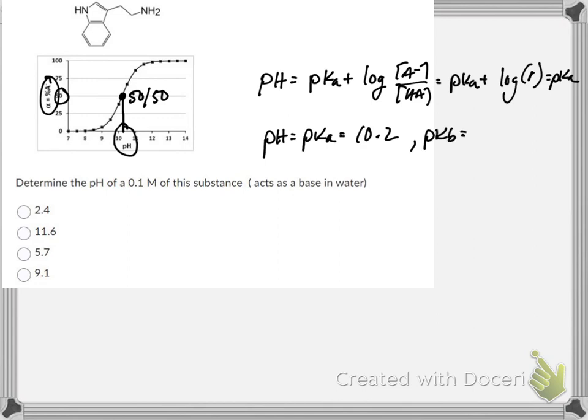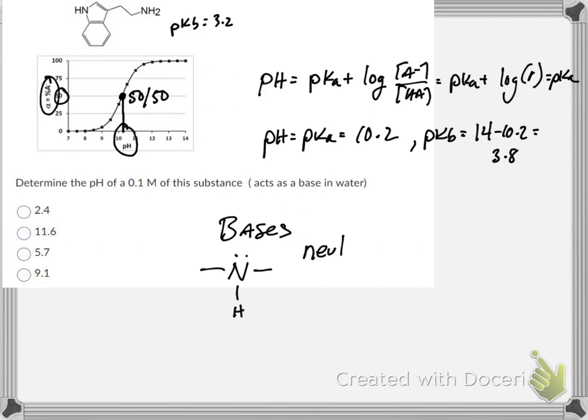Now the problem begins, because what we know is any neutral nitrogen molecule undergoes pKb in water. So all neutral nitrogens undergo pKb in this way, taking on a positive charge with hydroxide ion.